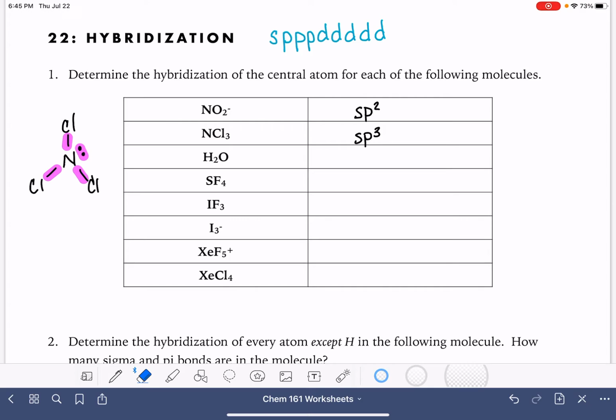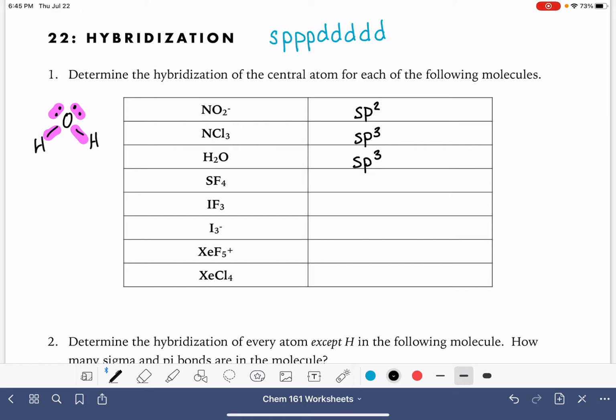If we want to do this for H2O, I'm just going to modify this a little bit. H2O looks like this. We want to look at the central atom. How many areas of electrons do we need? 1, 2, 3, 4, just like the previous example. That's going to be sp3.